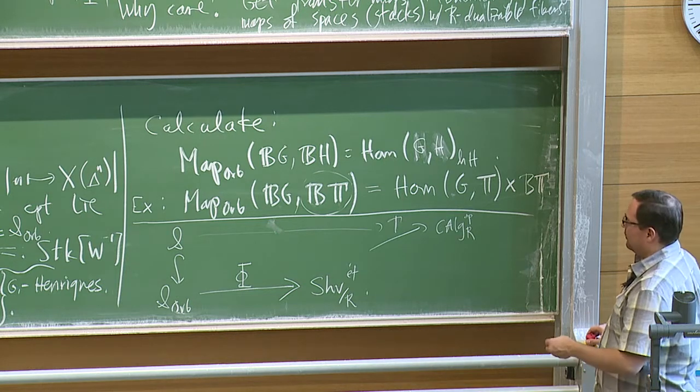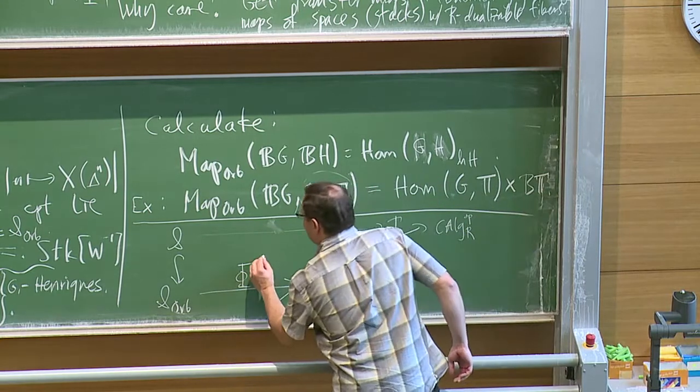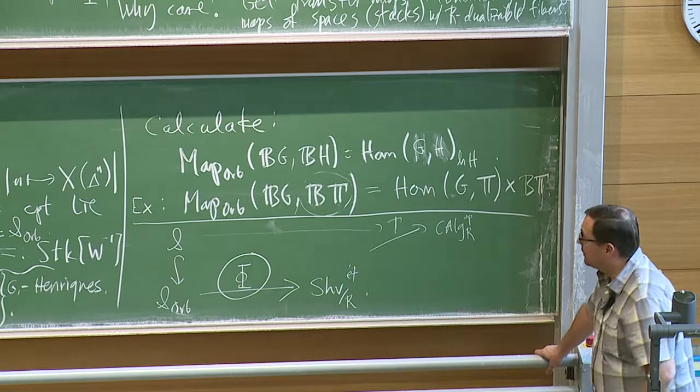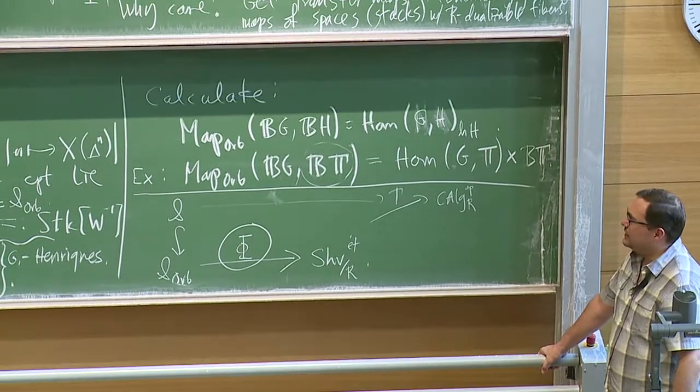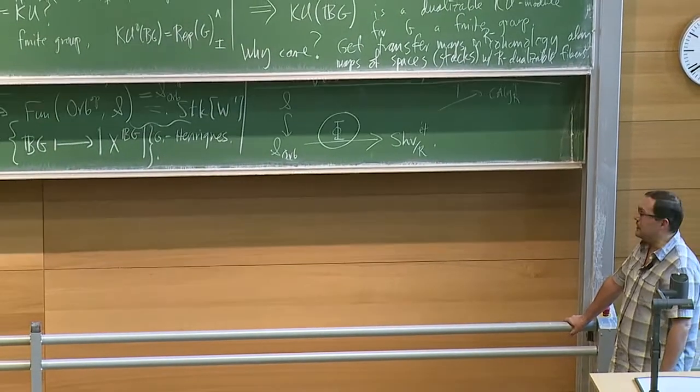So how can I construct such a functor then? Well, I don't want to construct just any functor, but I want to construct a functor that'll allow me to do calculations.